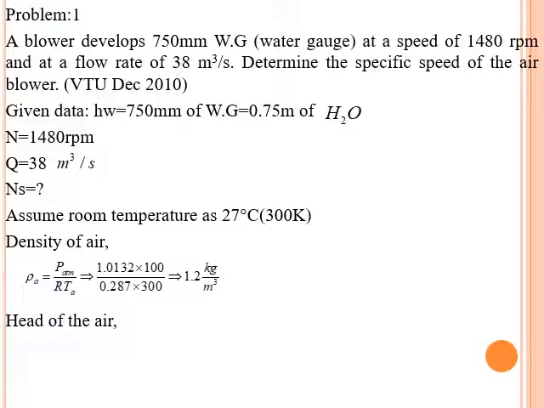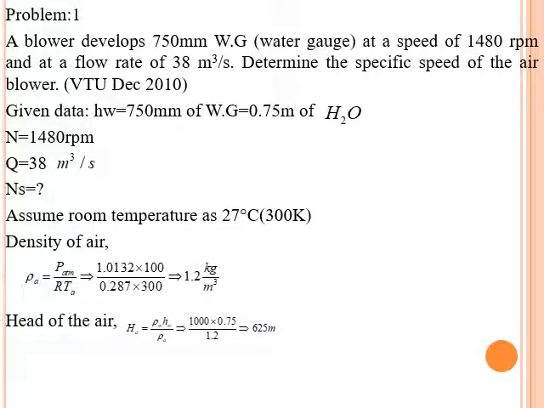The head of air: what is the head of air here? The head of air HA is given by the expression rho W into HW divided by rho A. Here rho W is the density of water, HW is the water head, and rho A is the density of air.